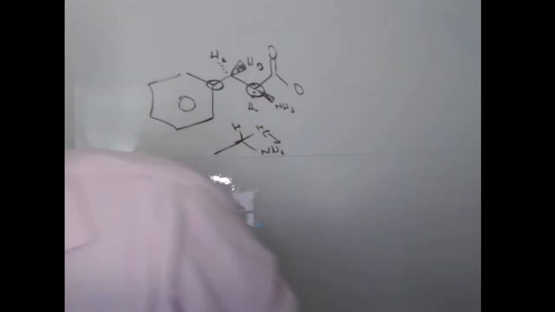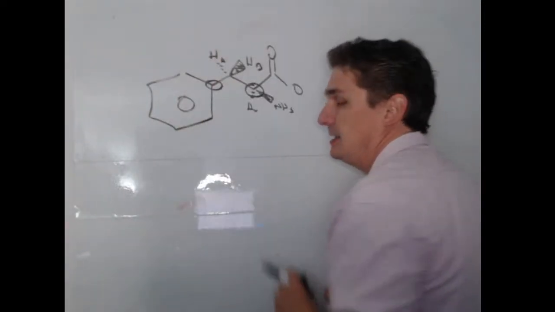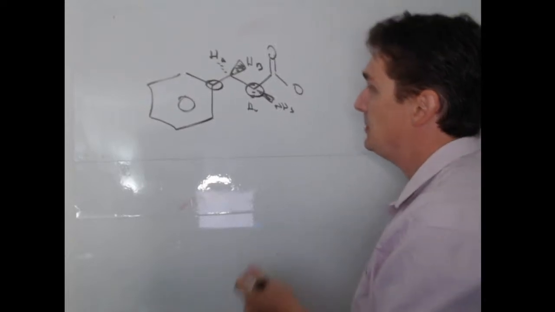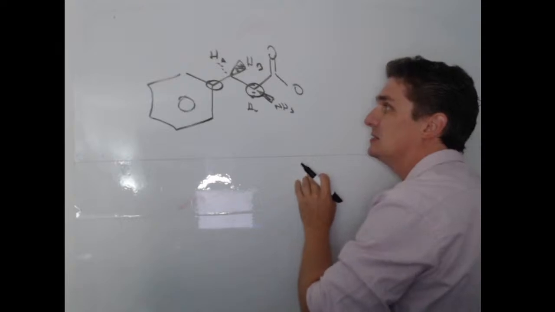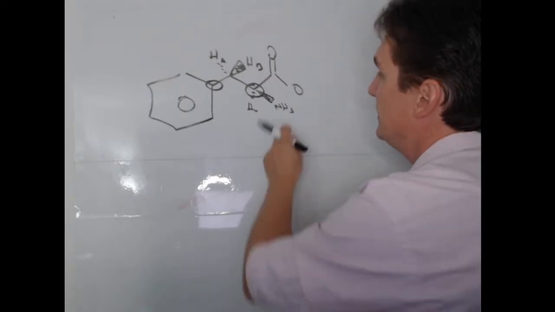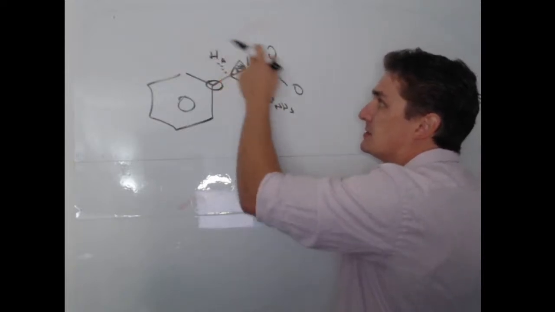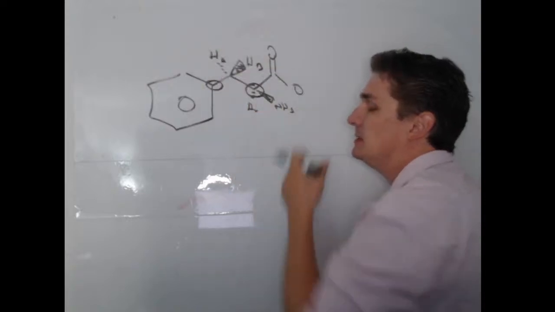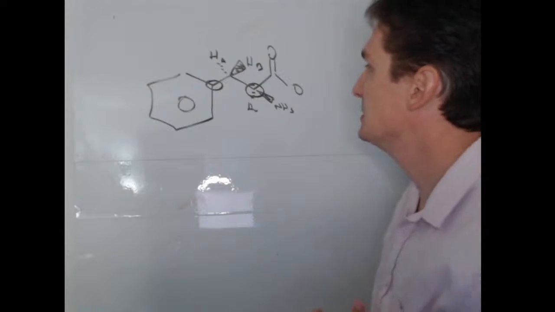But let me give you a little bit more complete explanation as to why the answer is they each split each other into doublets. This is why we try to stick away from chiral compounds, because even though these two aren't chiral, this center is. And because it is chiral, this nitrogen and this hydrogen are going to have opposite effects, are actually going to have a splitting effect on the HA and the HB because these two have different magnetic environments relative to this HC.